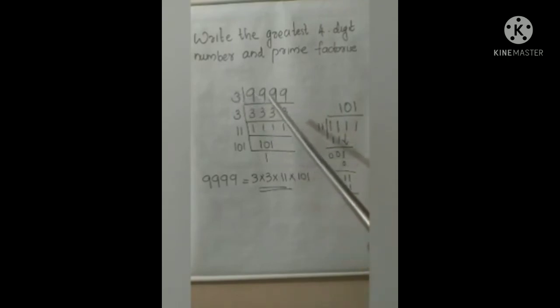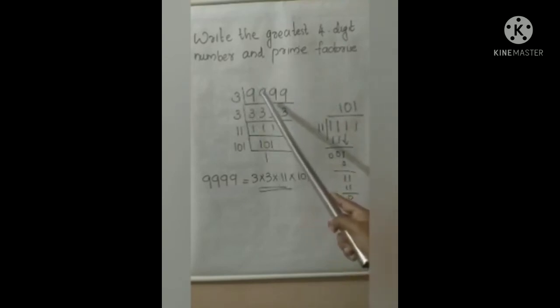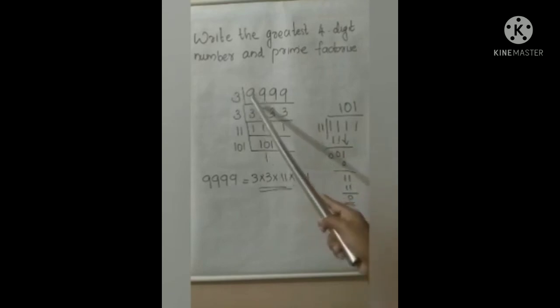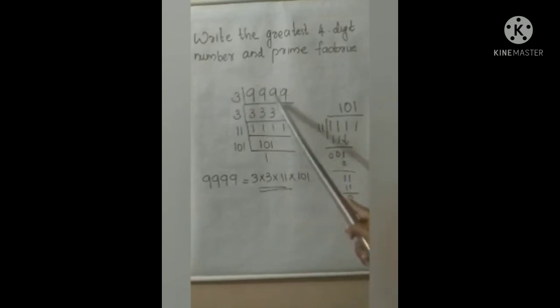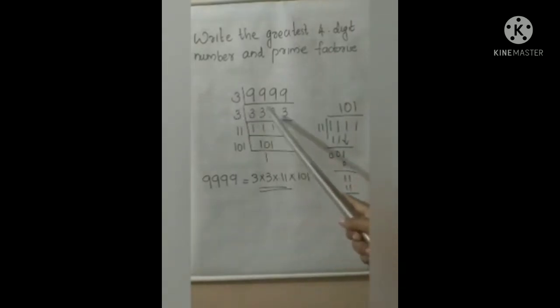Or you check the divisibility by 3: 9 plus 9, 18. 18 plus 9, 27. 27 plus 9, 36. 3 plus 6, 9. Is it divisible by 3? Yes. So dividing by 3, 3 in 9, 3 times. Again 3, 3. Again we get 3s. Again this is divisible by 3. So dividing by 3 you get 1, 1, 1, 1.